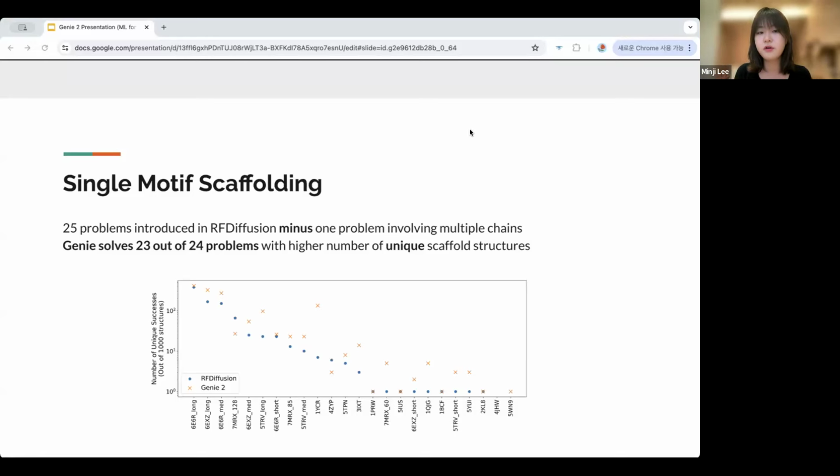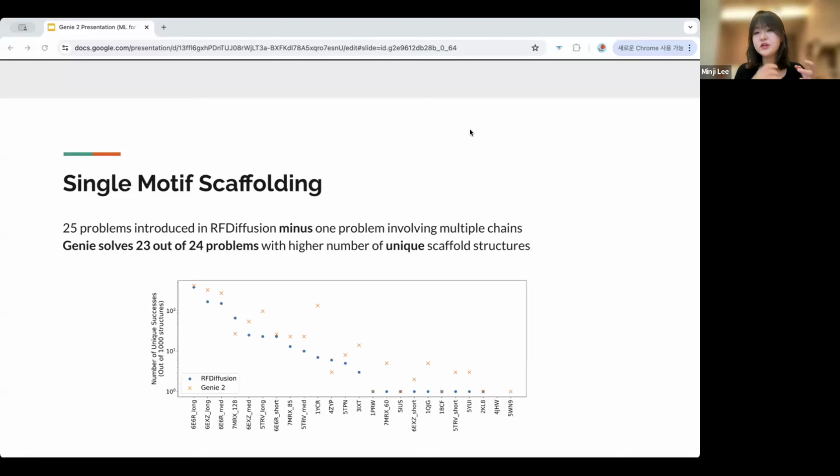So we used the number of unique successes as a metric. Similarly, FrameFlow, the recent preprint on the application to motif scaffolding, filters the unique structures by pairwise TM score comparison. Also, the scale is log, so the performance gap is larger than represented in the plot.